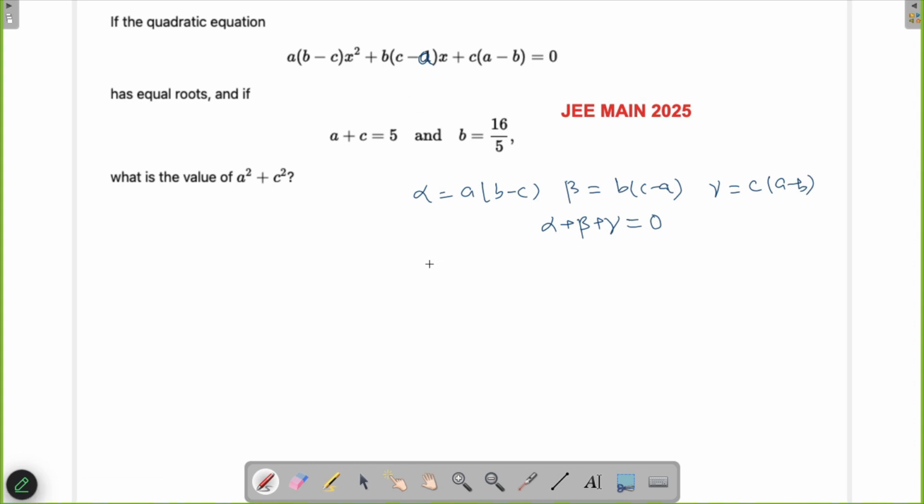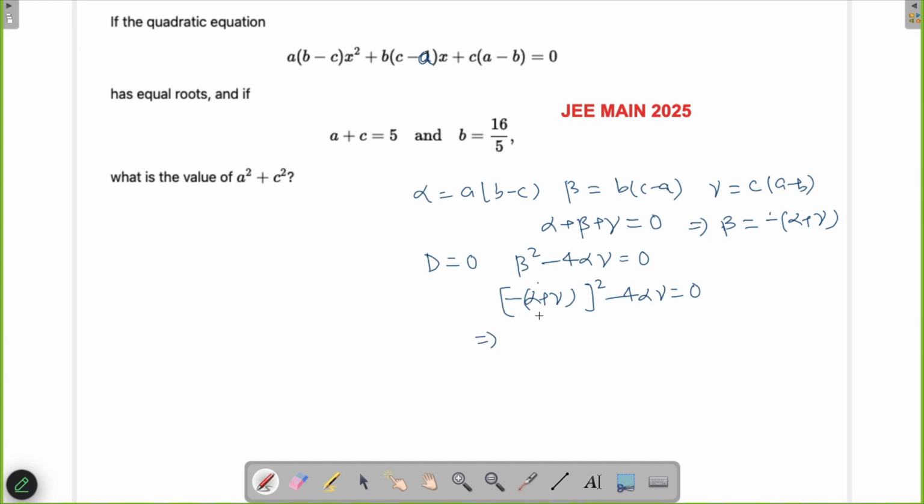Now we can say that the discriminant is 0, meaning that beta square minus 4 alpha gamma should be equal to 0, right? Beta is nothing but minus (alpha plus gamma). So this is going to be (alpha plus gamma) whole squared, and then minus 4 alpha gamma equals 0.